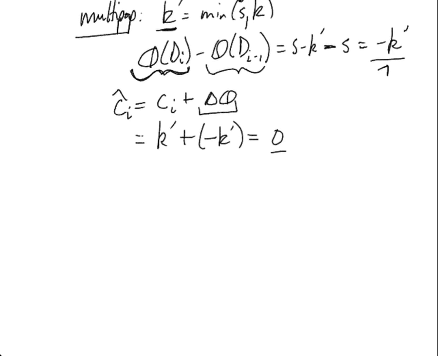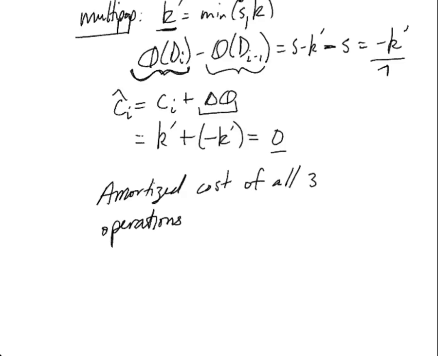And we could do a similar analysis of pop. And so the amortized cost of all 3 operations is constant, 2 or 0.